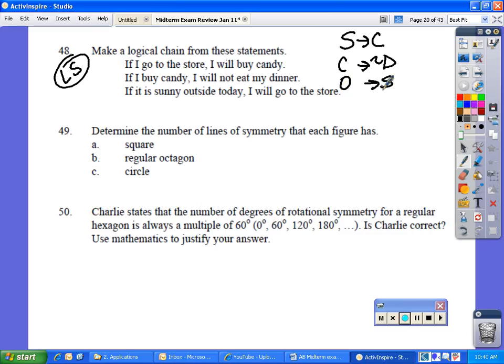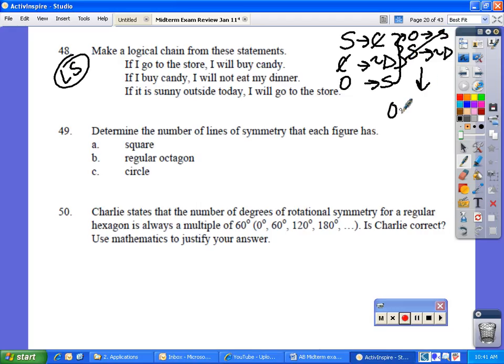Now you can link statements that begin and end in the same letter, basically, the same term. So here I can link, and I used S. Oh no, S is the same one. You can link these two because they both end in C. So if I link these two together, they become S arrow, not D. And I also have this other statement that says O arrow S. I can put this right up here, O arrow S, and now you see they both end in that S, and I can cancel those out.